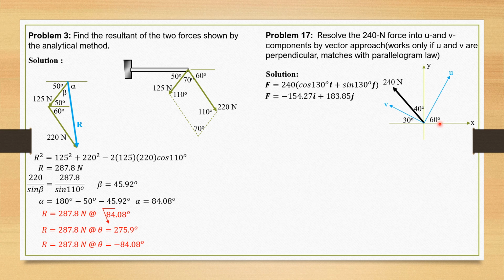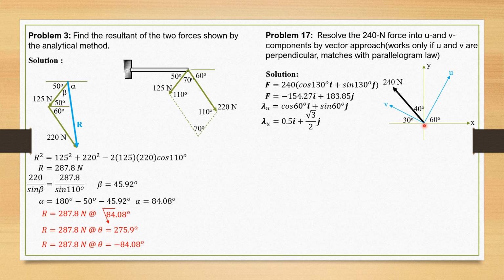The u direction in unit vector form is cosine of 60 degrees i plus sine of 60 degrees j, while in decimal, 0.5 i plus square root of 3 over 2 j.